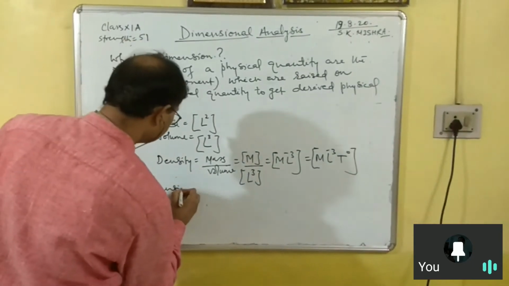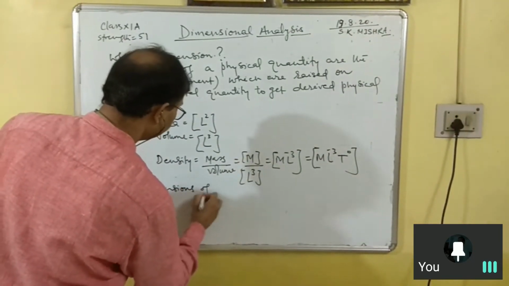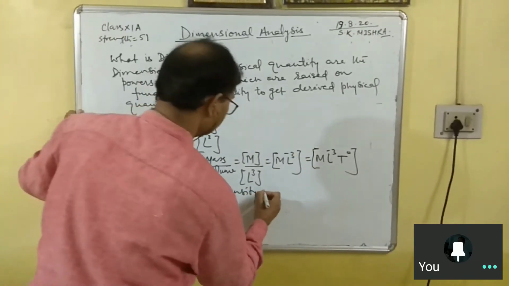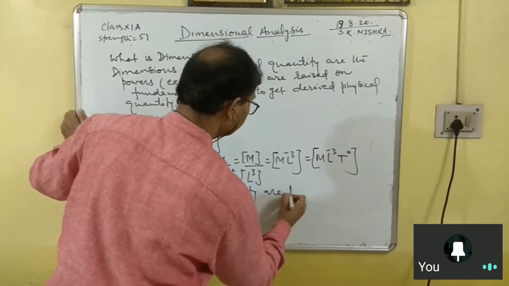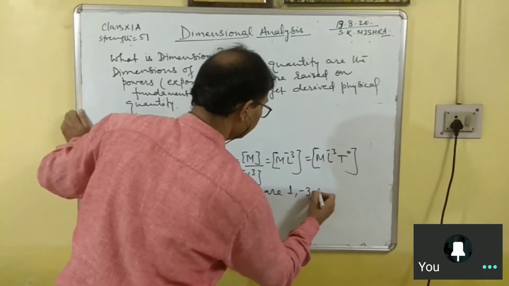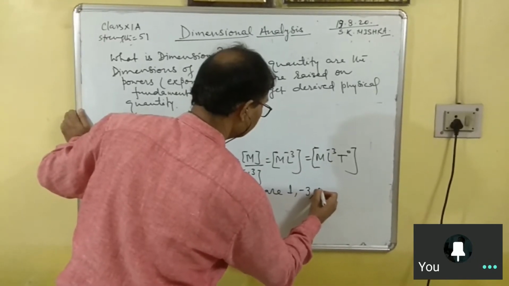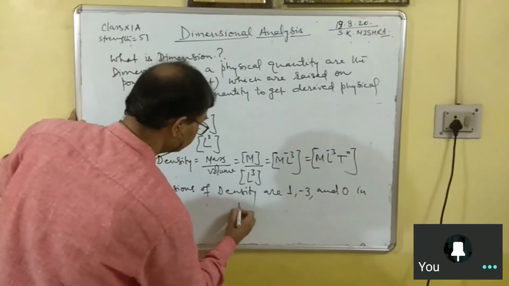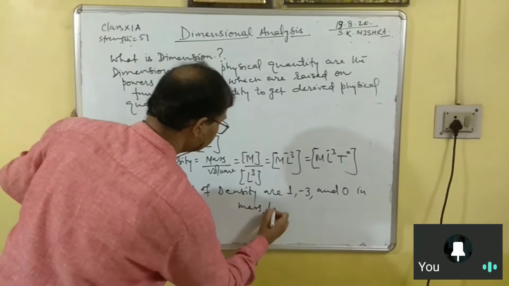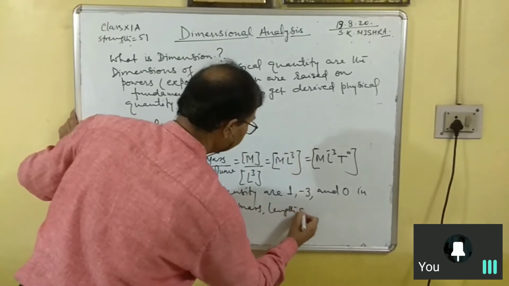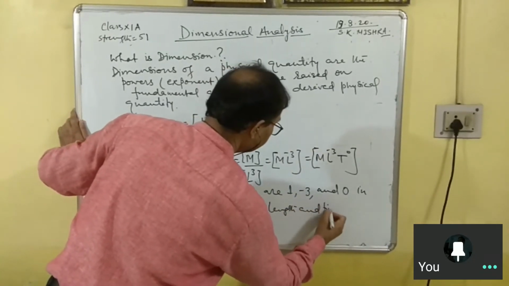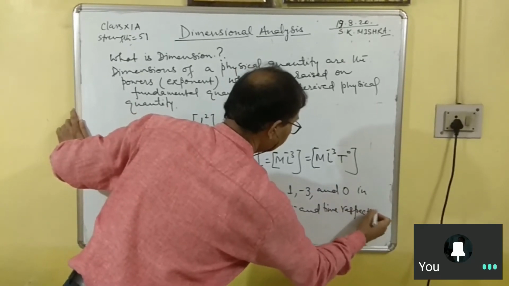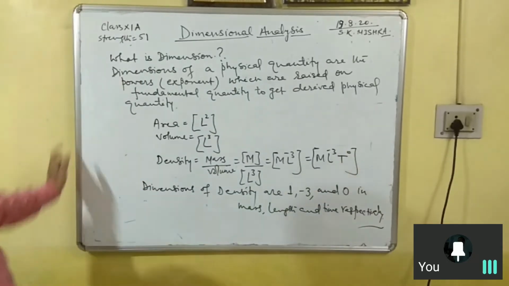So dimension of density: 1, minus 3 and 0 in mass, length and time respectively. You have to write like this. So these are the dimensions.